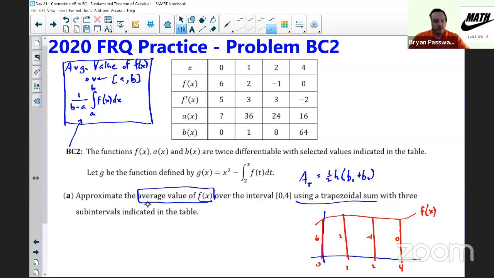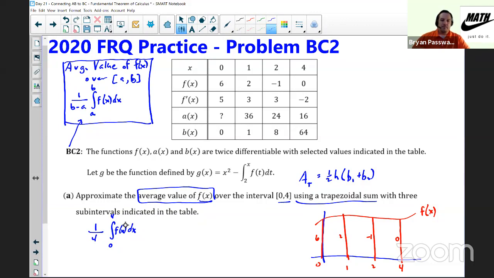So I would recommend when it says find the average value of f over the interval from 0 to 4, to realize, oh, that's just going to be 1 over 4, right? b minus a, 4 minus 0 is 4, times the integral from 0 to 4 of f of x dx. If I want to find the average value, I have to come up with this answer right here, 1/4 times the integral. So then I realized, well, I can't integrate f, right?